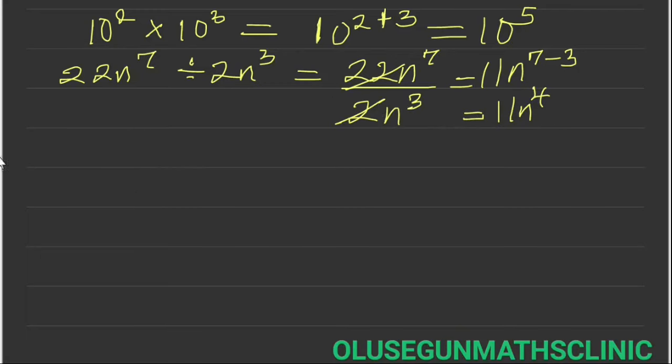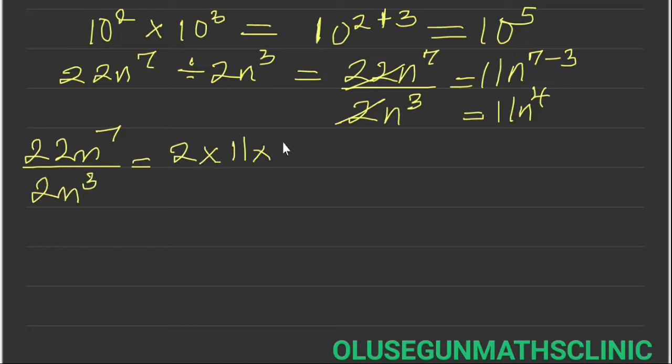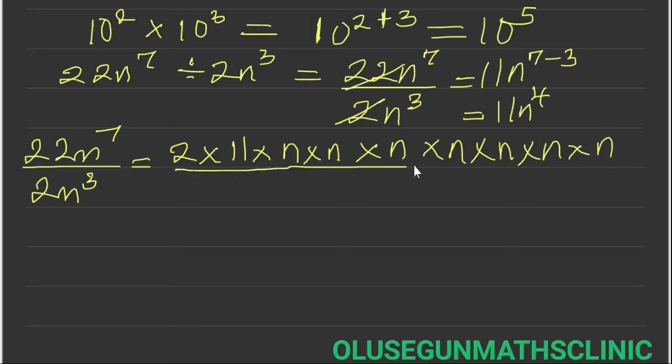But alternatively, let me have it in another form. In solving this, recall that 22n raised to power 7 over 2n raised to power 3 can be written as 2 times 11 times n times n times n times n times n times n times n, so you rewrite it 7 times, over 2 times n times n times n.